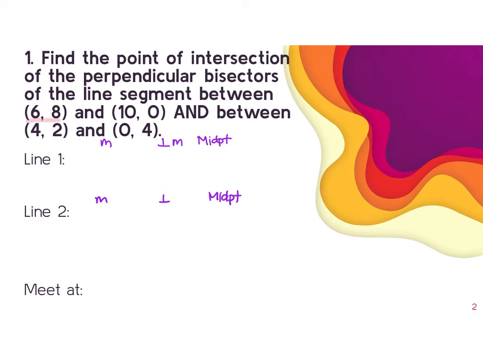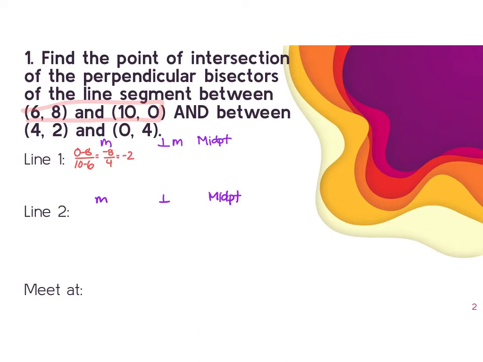All right, let's take a look at our first line. That's going to be using these two ordered pairs, (6, 8) and (10, 0). And we're going to find the slope, the change in y over the change in x. So 0 minus 8 over 10 minus 6, negative 8 fourths, which reduces to negative 2.